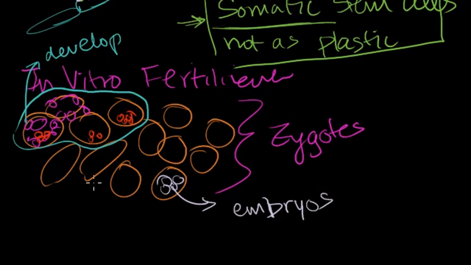A lot of these are frozen, but just the process of freezing them kills them, and then thawing them kills them again. So for every one child that has a potential to develop into a full-fledged human being, you're actually destroying tens of very viable embryos.